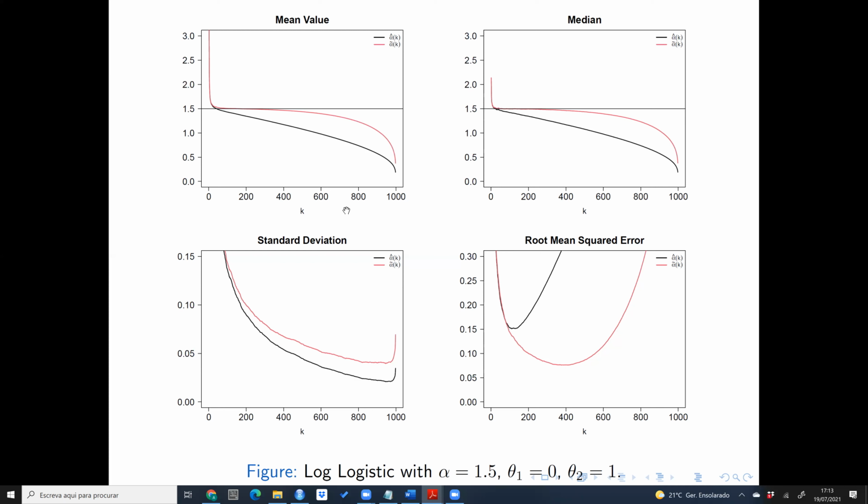We can see again that the new estimator has a smaller absolute bias, but a slightly higher standard deviation than the modified Hill estimator. Again, regarding the root mean square error, we can see that the bias corrected version is more efficient than the modified Hill estimator.